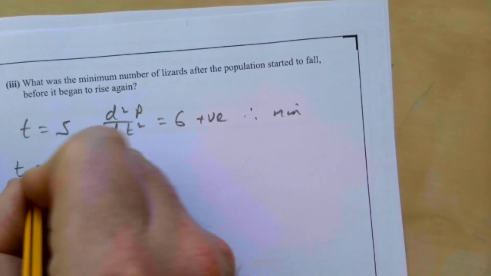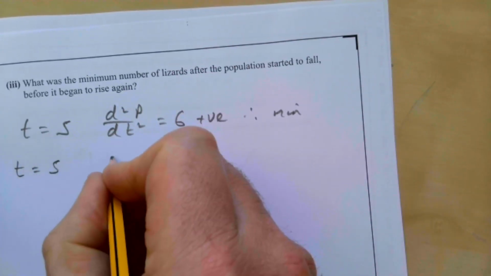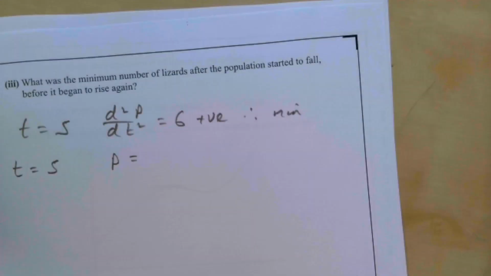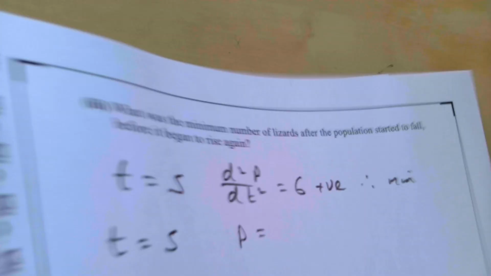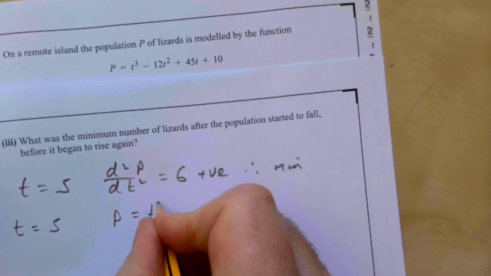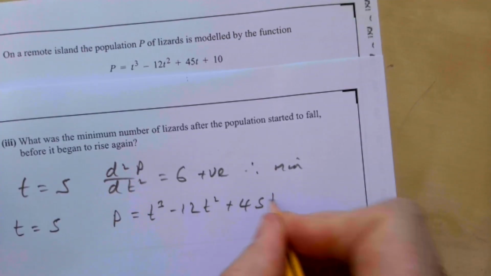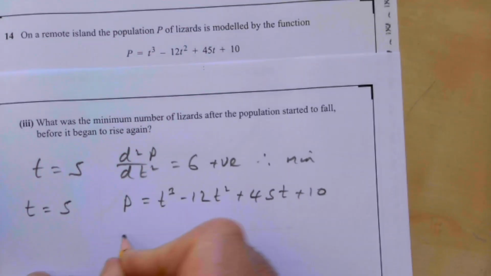So whenever t is 5, I'm going to substitute this into P equals t cubed minus 12t squared plus 45t plus 10.